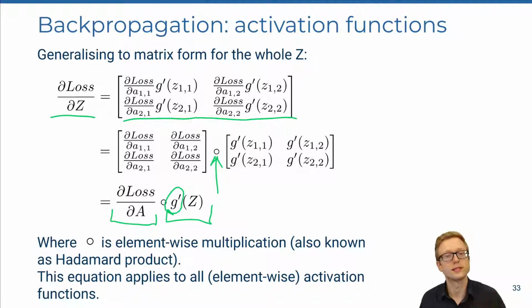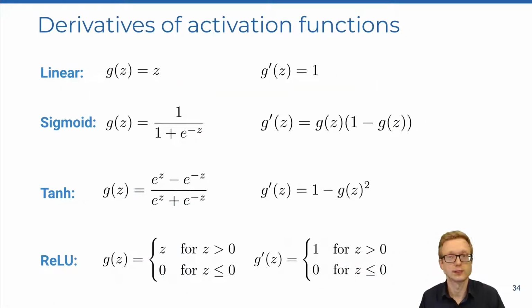So where do we get this derivative for our particular activation function? Well, we get it from this table over here. I've included the main activation functions that we use in neural networks. We have the linear activation function, where the input is just equal to the output. The derivative of that is 1.